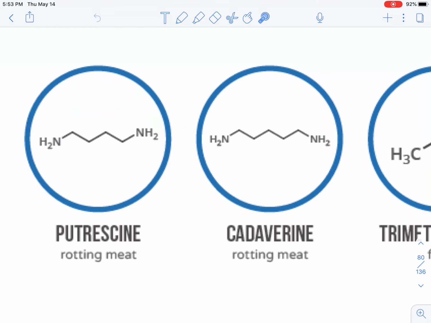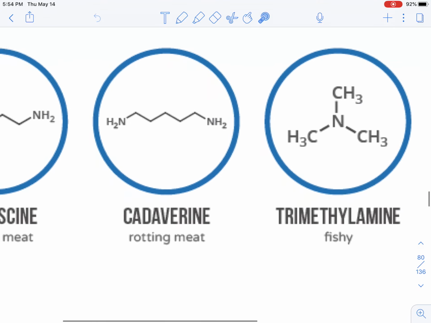Notice that we have two primary amines. And I know that I have a primary amine because I have NH2, and this central nitrogen is only bonded to one carbon. Okay? So feel free to use those indicators to help you classify your amines.